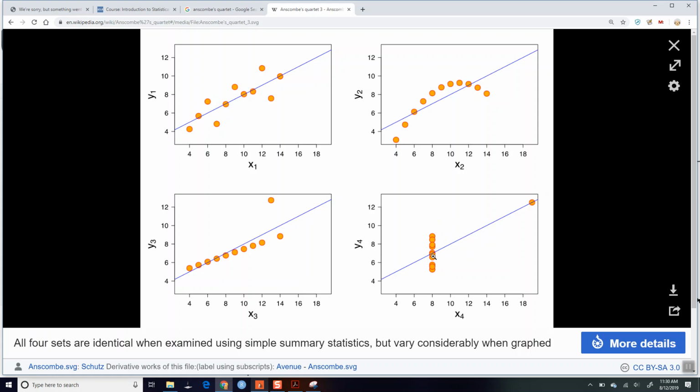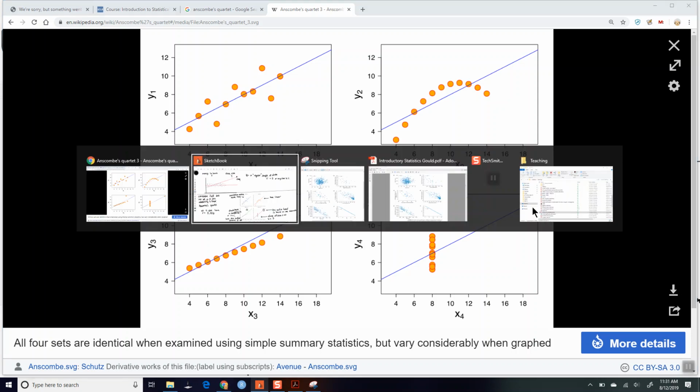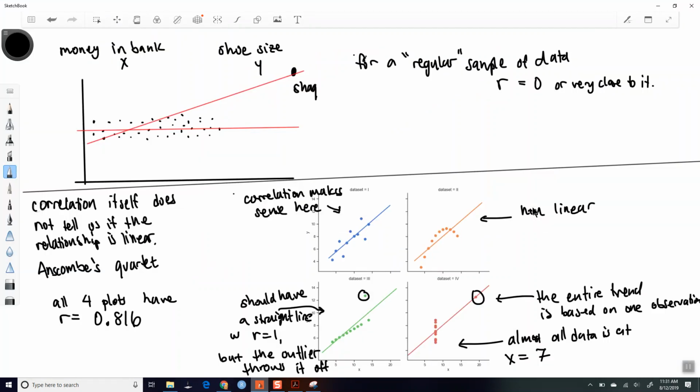And maybe you encounter someone who happens to have an 11th finger, and somehow this person was very successful and made millions of dollars. If you establish a trend based on that, where everyone has the same value and only one value is different from everyone else, then suddenly it appears that there's correlation, okay? And obviously that doesn't make sense. It doesn't make sense to try to establish a trend based on one observation.